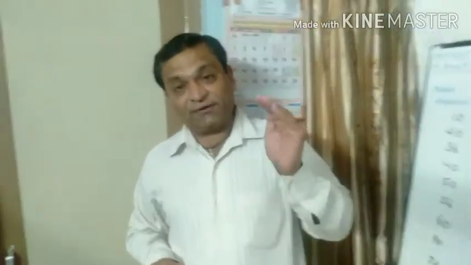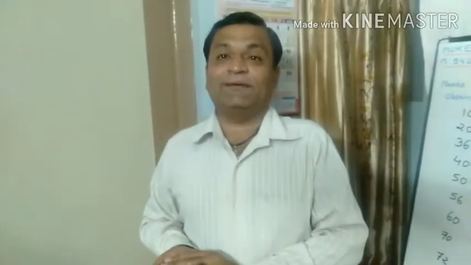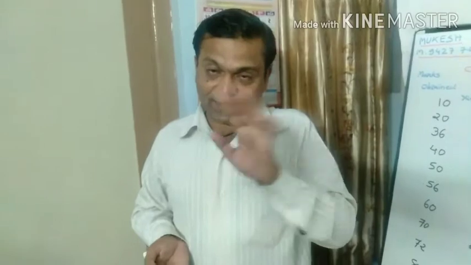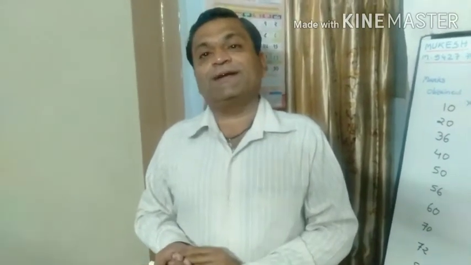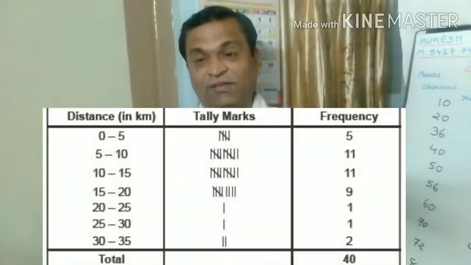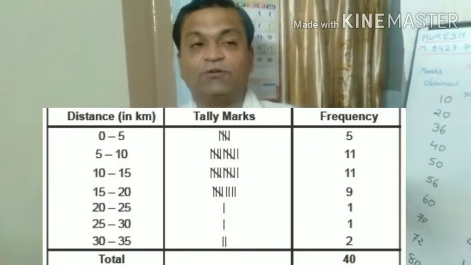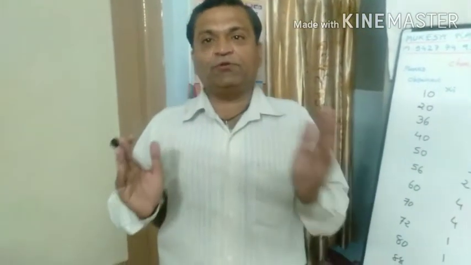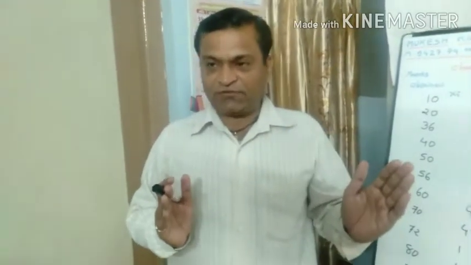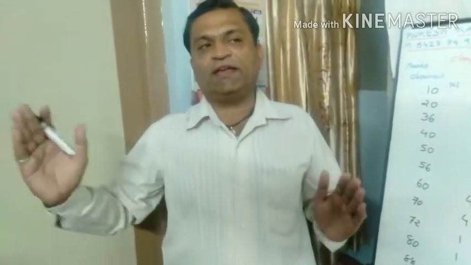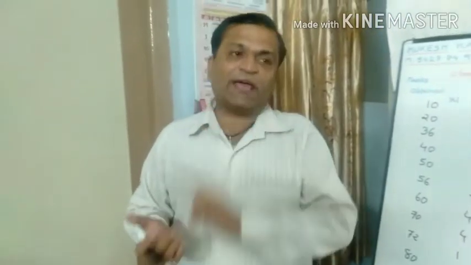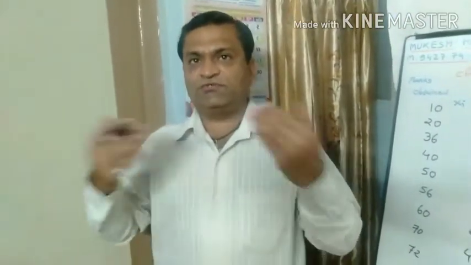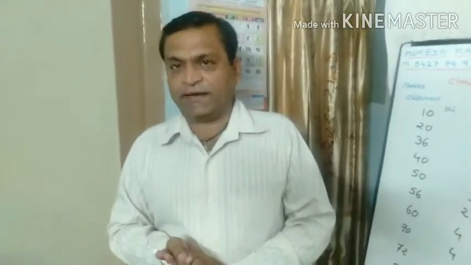Then we will classify them in another way, that we have done in standard 9. We will make classes 1 to 10, 11 to 20, 21 to 30, just like that up to 91 to 100. There are 2 types of class which we will discuss next.